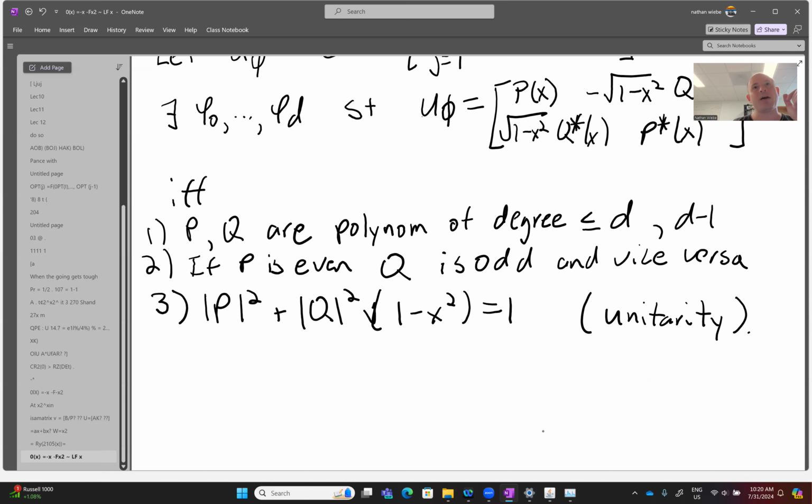There's also work by Lin Lin, work by Isaac Chuang and his students, as well as others that give you more efficient ways of finding the Q if you only know the P that you're looking for. But for the moment, let's just assume that we have a P and Q pair that satisfy all of these requirements.